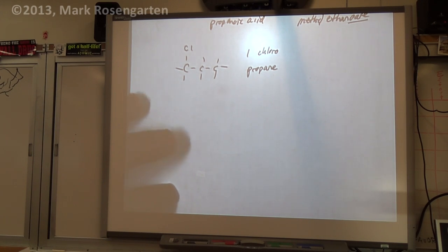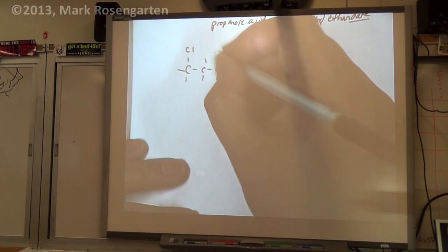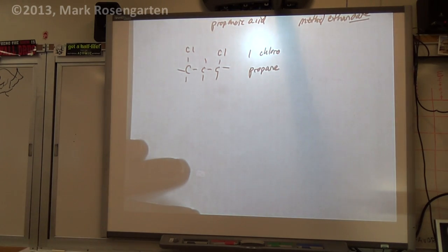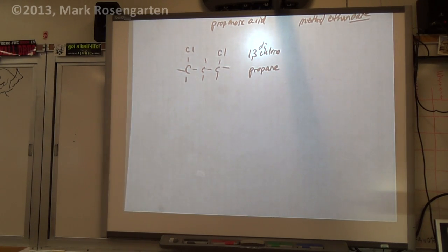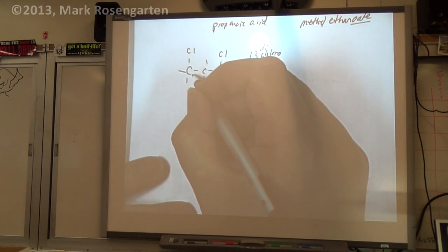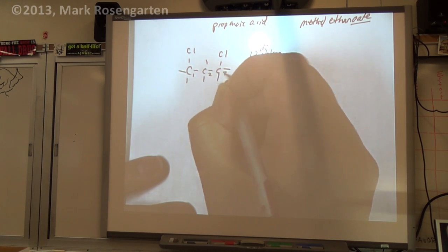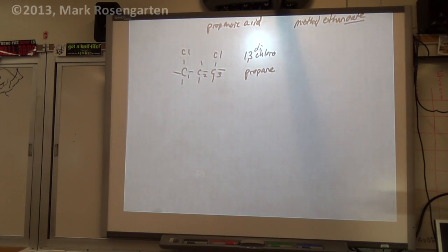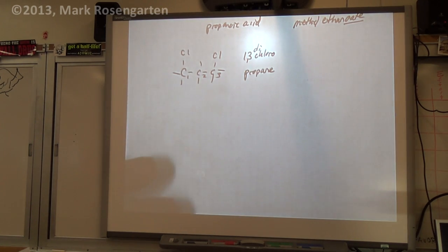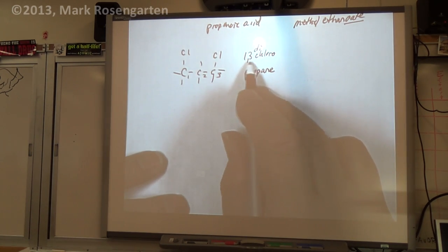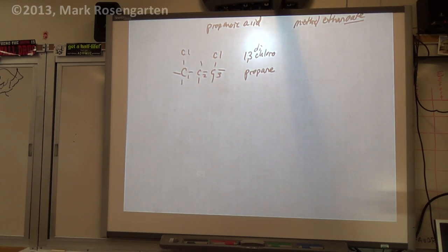Let's suppose we carry out another substitution reaction and pull off another hydrogen and replace it with a chlorine. Now we have 1,3-dichloropropane because we have a chlorine on the first carbon and a chlorine on the third carbon. And since there's two of them, we put the prefix di to say that there's two of them, and a number to show us where each of those chlorines is located in the molecule. Okay.